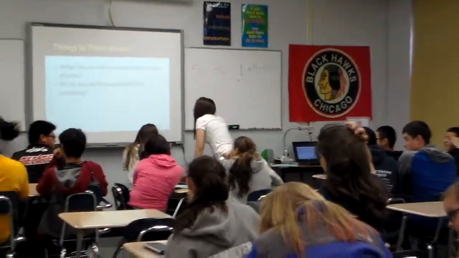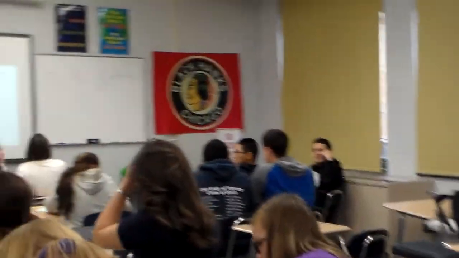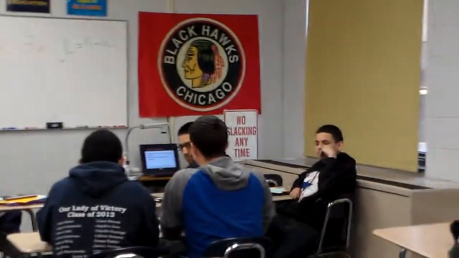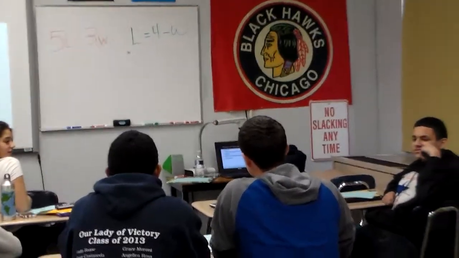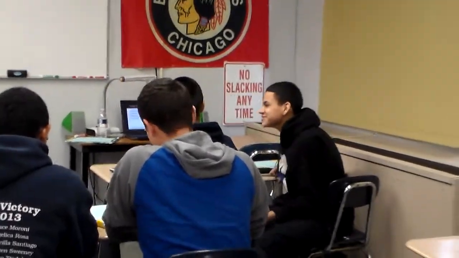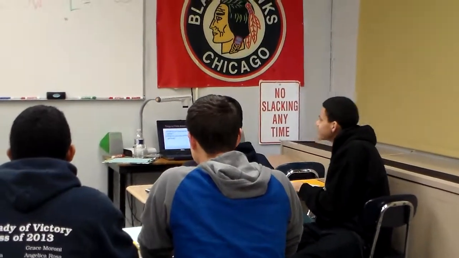Okay. Alex, did you have a question that you wanted to ask the boys? Would you like to explain something like that? Do one of you guys want to explain why you came up with those equations?